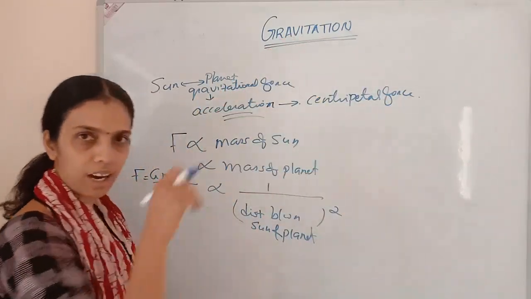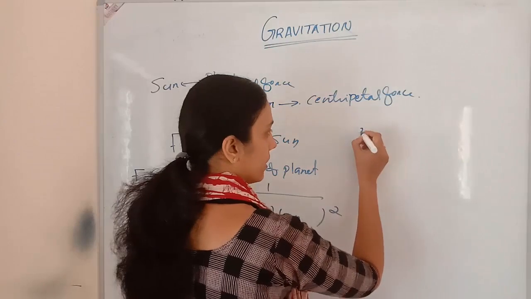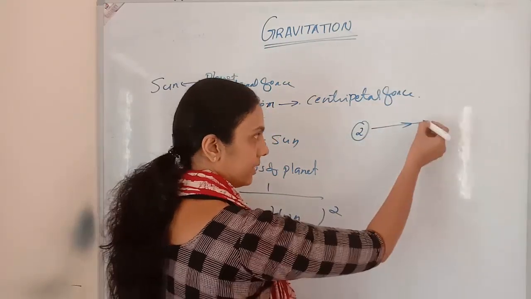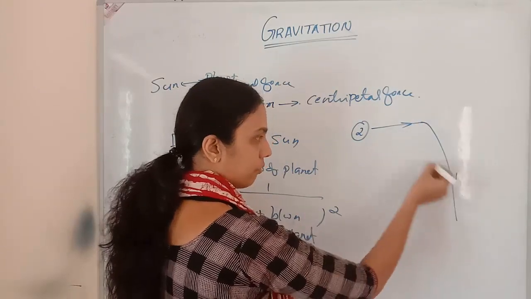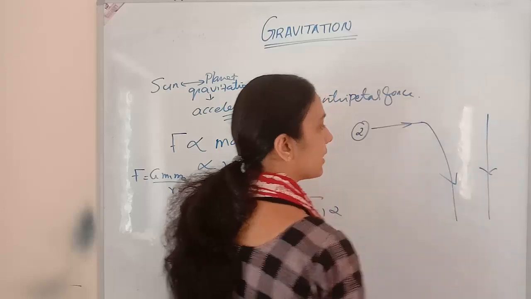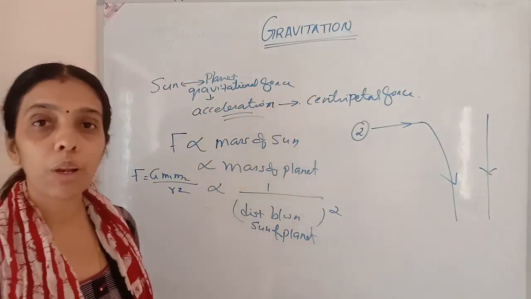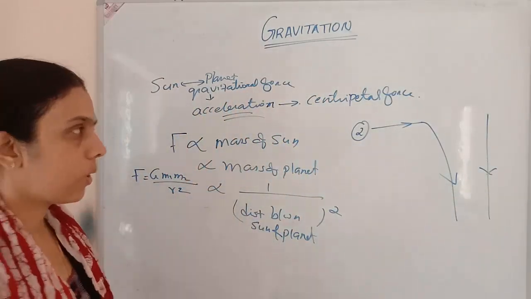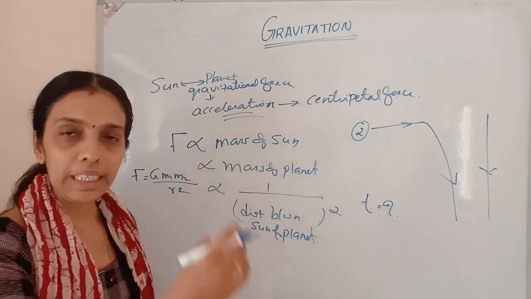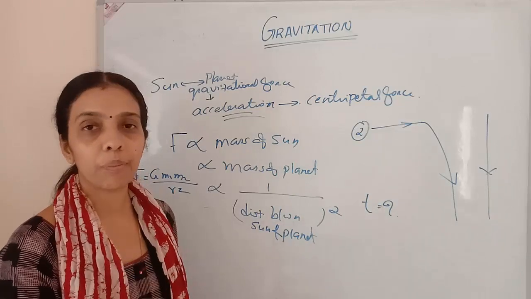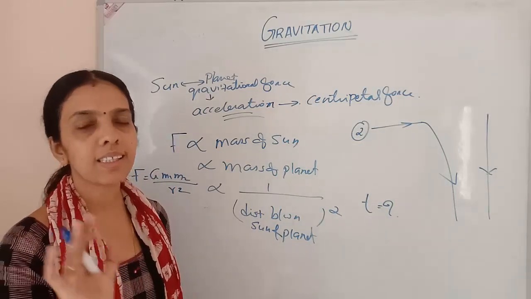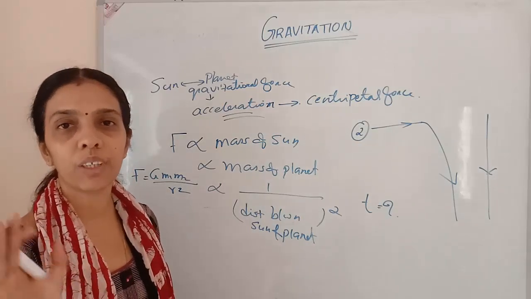At that time it starts to fall down, isn't it? See, if I am throwing a stone vertically like this, after some time it will fall down, right? So if I am dropping a stone at that time, which stone will reach first? Because the time required to reach the ground depends only on the vertical height.